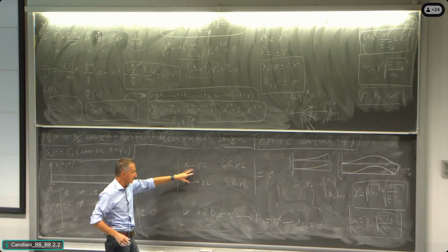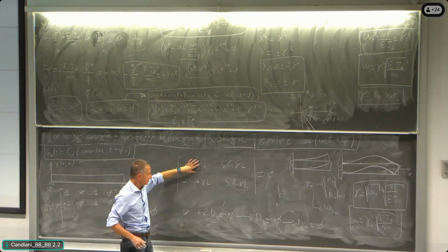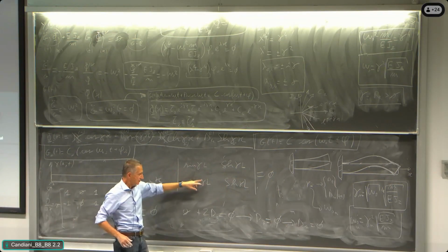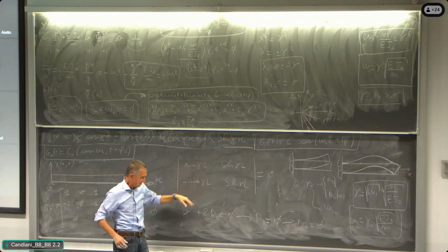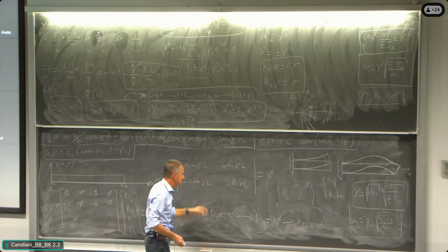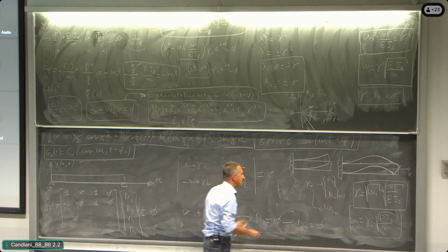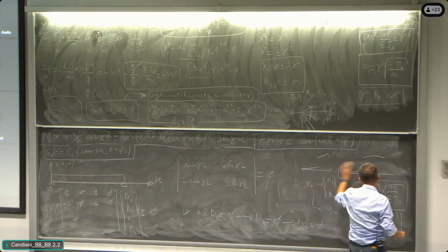And so the determinant is sinus gamma L, hyperbolic sinus gamma L, multiplied twice. So the solution of this determinant is twice the product.